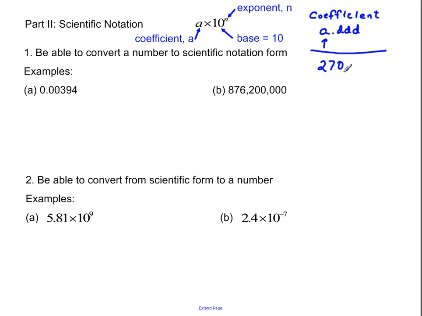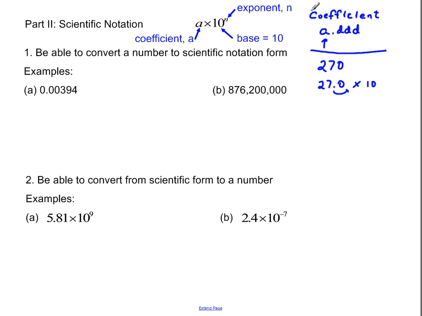And if we wanted to convert this, we could convert this into 27.0 times 10. How do we know times 10? Well, anytime we multiply by 10, we start shifting the decimal to the right, right? So 27 times 10 would be 270.